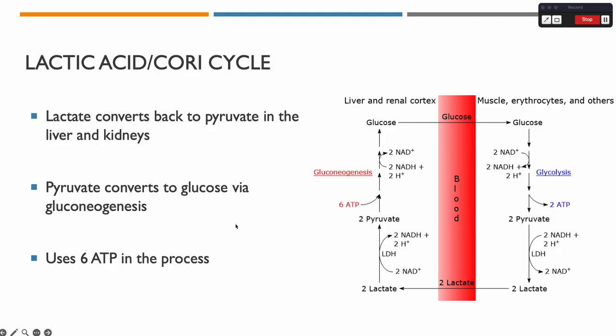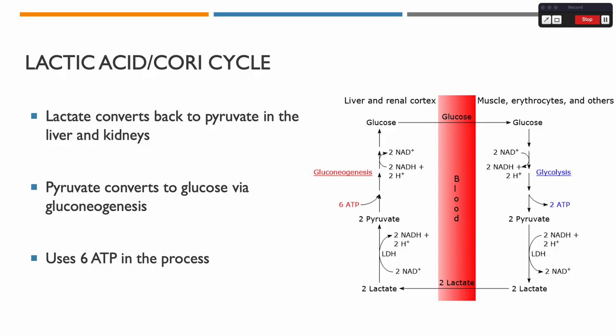The one thing to note here is that converting pyruvate back to glucose requires 6 ATP. And so you can see that this is a very cost inefficient process. It's not what the body prefers. We like to be efficient because at the end of the day, you are going to use 6 ATP to create that new glucose molecule. It'll go through glycolysis and take another 2 ATP. So the total investment here is 8 ATP to get only 4 ATP back through that process.